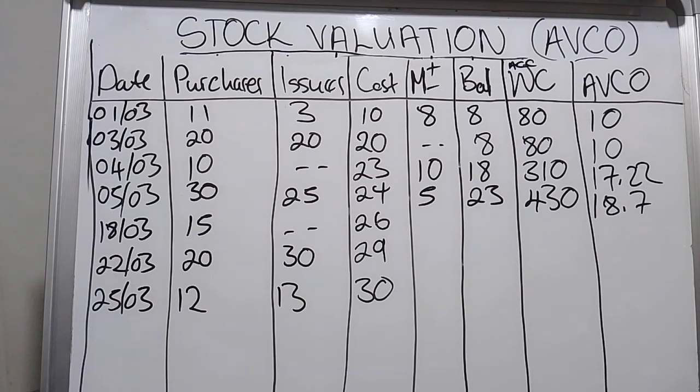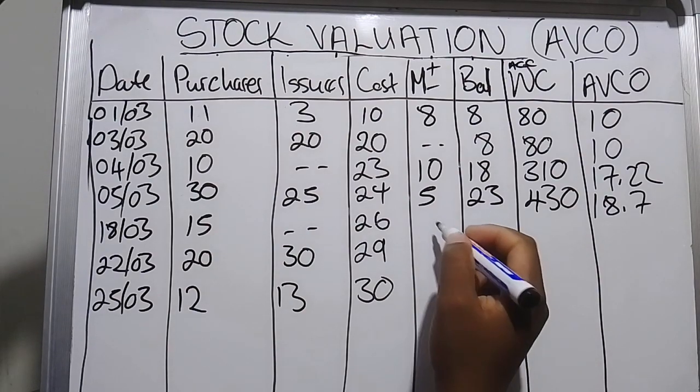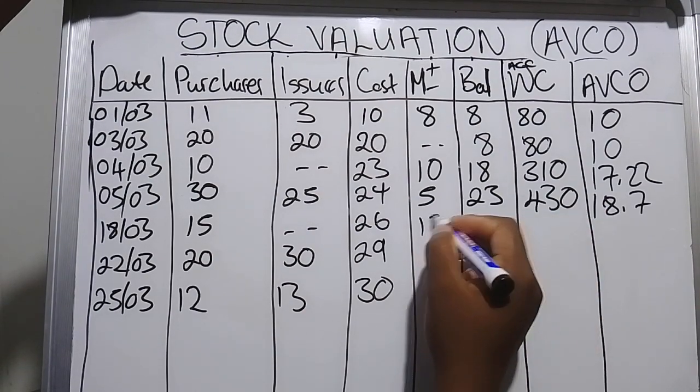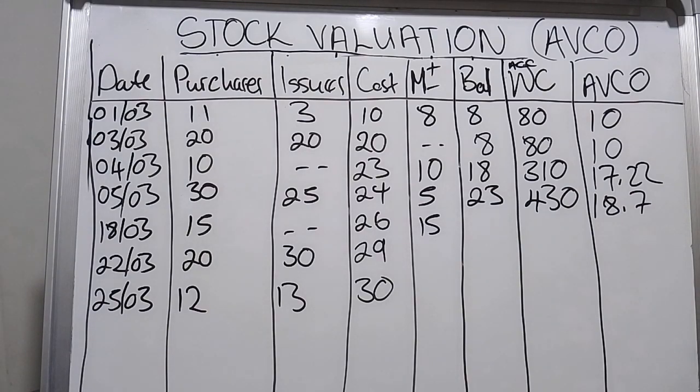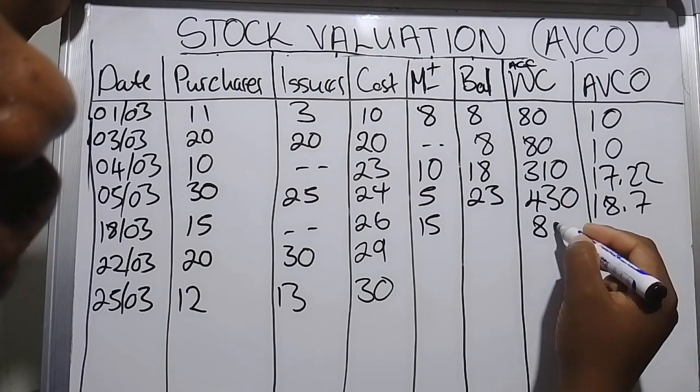Then we go to the 18th. On the 18th, we purchased 15 items, then we did not make any sale. It means there was a movement of additional 15 items. Each of these 15 items was bought at $26. So 15 multiplied by 26, we get 390. Then we add this to the 430 that we have, and we get 820.